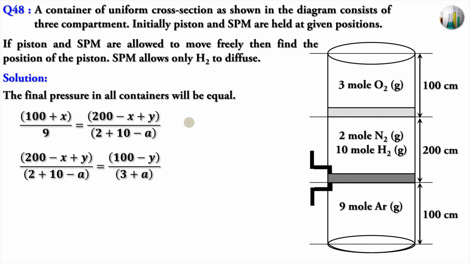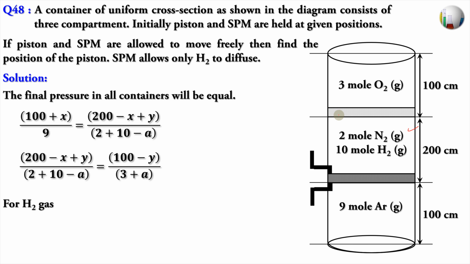For 200 minus X plus Y, that is the volume here, and the hydrogen plus nitrogen total is 10 plus 2, and A has diffused up. So this is the total number of moles, and this is 100 minus Y because this has gone up, upon 3 plus A. So we got the second equation.